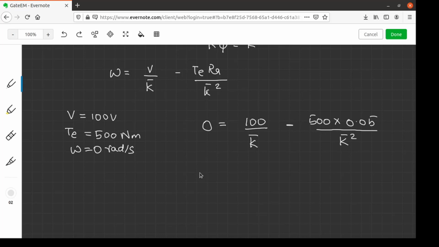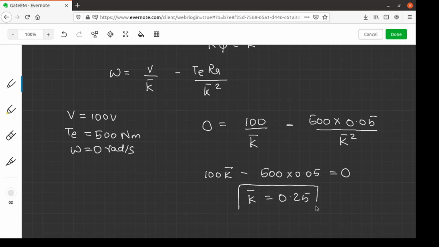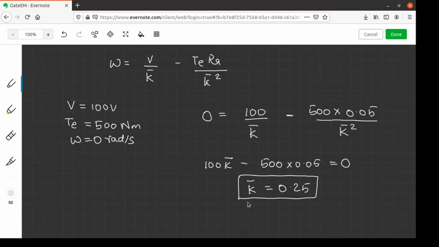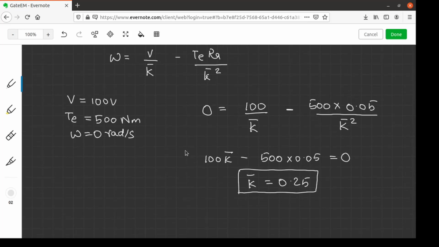So we will get 100 K bar minus 500 times 0.05 equals 0. So when you solve this, you will get K bar equals 0.25. Now you can substitute this in the equation.